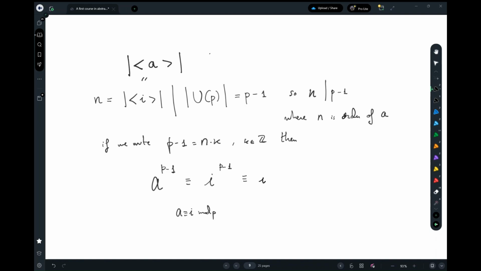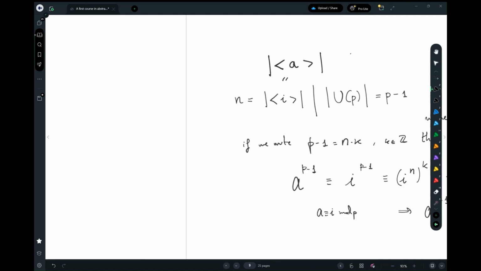And this will be I to the n times k. N is the order of I and the order of A modulo p, and therefore that is 1 to the k, and that is 1 modulo p. So what we get is that A to the p minus 1 is congruent to 1 modulo p.